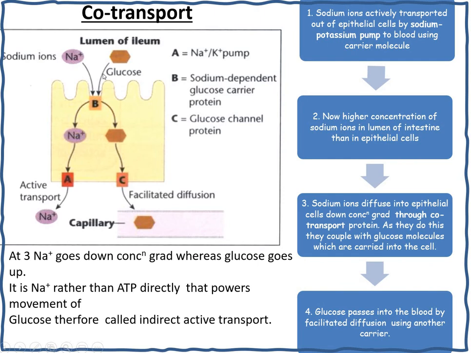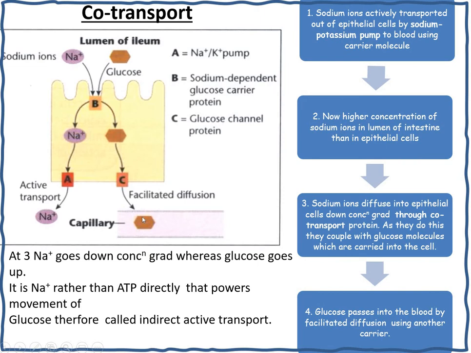And now, because you've moved glucose from the lumen into the epithelial cell, you've now got a high concentration of glucose here in comparison to the blood. So then glucose is moved by facilitated diffusion from the epithelial cell into the blood.